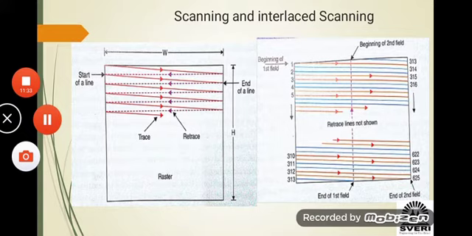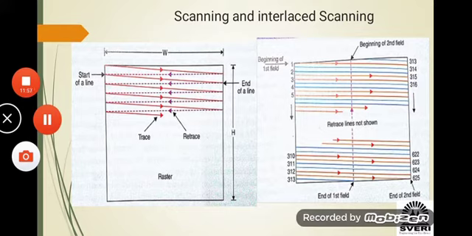If we go for the scanning rate, horizontally to complete one line we require a frequency of 1 divided by 64 microseconds, that is 15625 hertz, or 15.625 kilohertz. This is referred to as the horizontal scanning frequency.